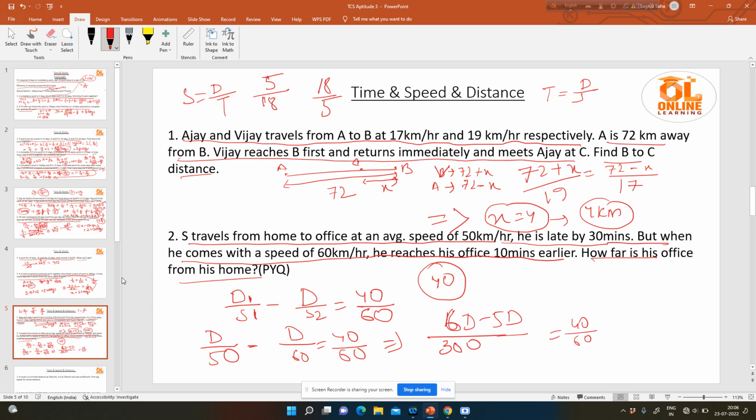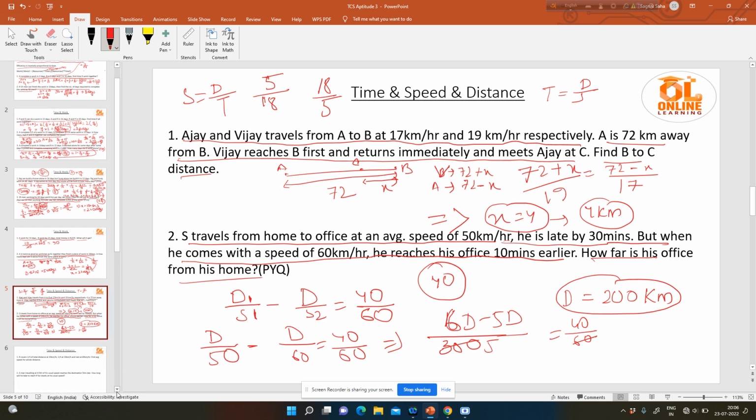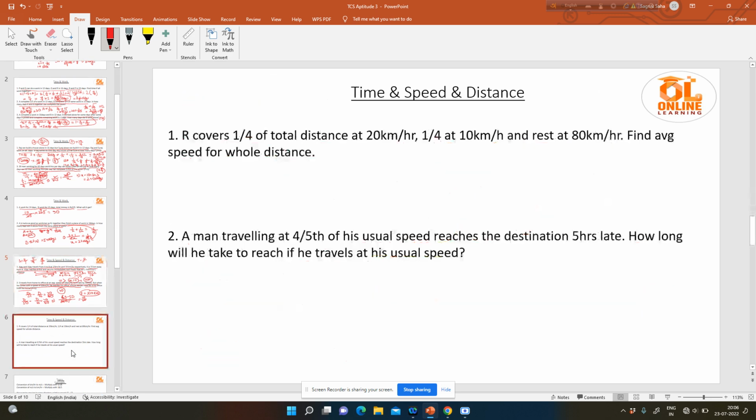So d would be 5 into 40, 200. So what is the distance between them? It is 200 kilometer. Hope you have understood, and it is a very important question. Okay, let us move to the next question.